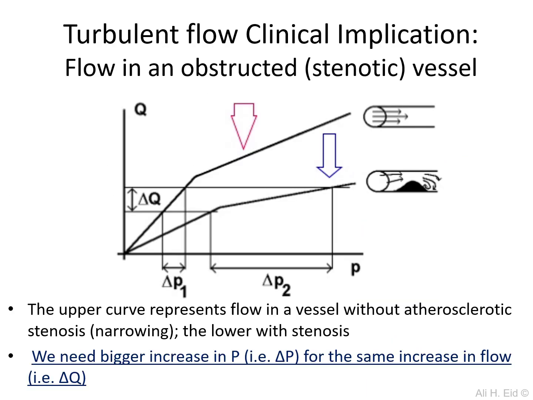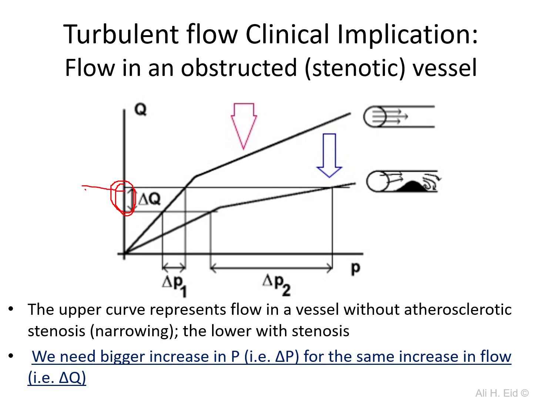Now take this example where we are comparing the turbulent flow in terms of an application, and how the flow in an obstructed or stenotic vessel is going to have an impact on the delta P, on the pressure needed. So for a given change in flow, so the Q here is flow. We're measuring flow.